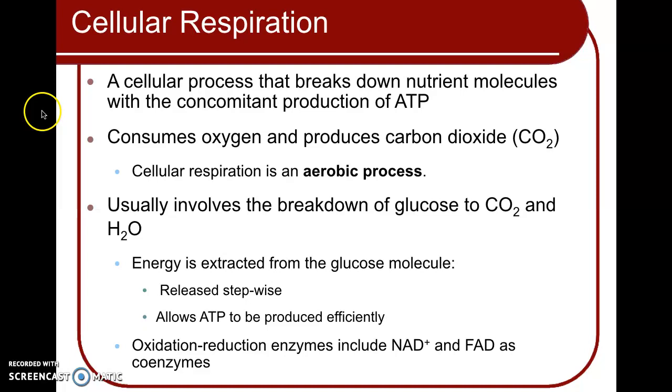So cell respiration is a process that breaks down nutrient molecules for the production of ATP. This ATP is used to generate all of the work that's done in both plants and the rest of the heterotrophs across the planet.